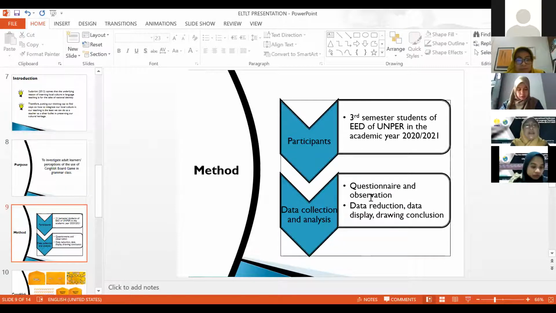The questionnaire was developed with particular reference to students' perceptions on the physical aspects of the media, the impacts of its implementation, and their feelings about the implementation, while the observation was designed to take notes on the students' behavior while the media was implemented.